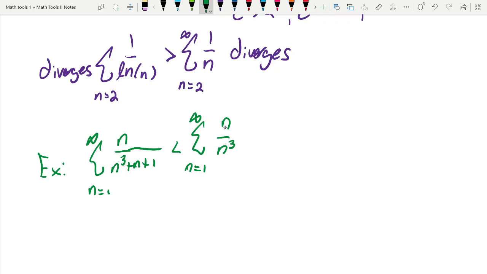So the n being on top, we'll just keep it on top. And now we can simplify that a little bit to 1 over n squared. And this converges. Okay, so then we're good. So just things like that. Again, I would say the most common is probably a p-series, but there are other ones that will come up, of course.